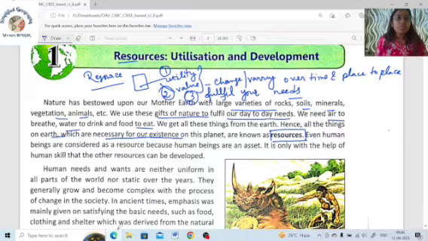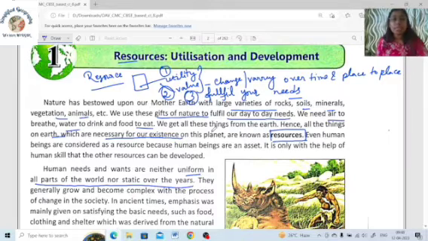Humans' needs and wants are neither uniform in all parts of the world nor static over the years. Like early man, we have seen that they wandered from one place to another, and they hunted and killed animals for food. Initially, they used to gather food.